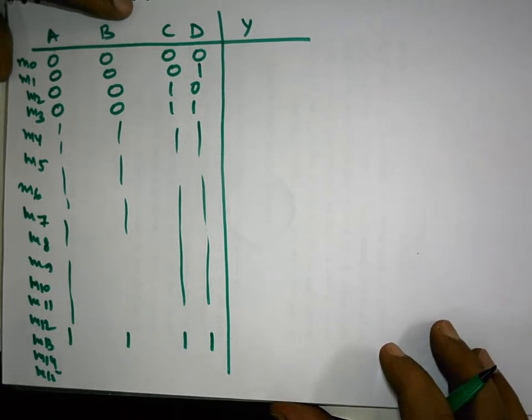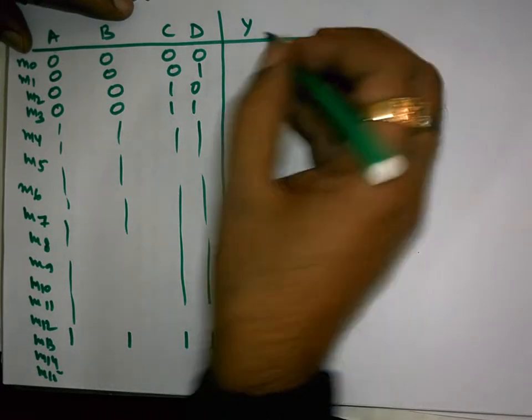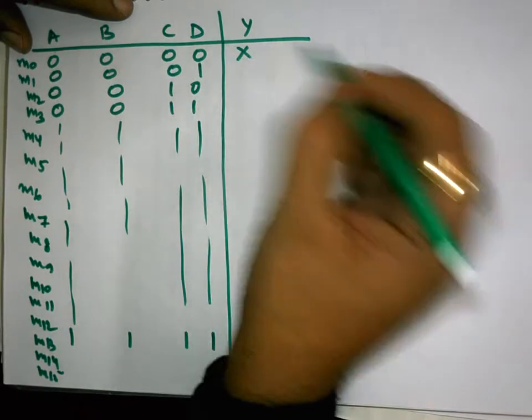Inputs are now identified in this way. For M0 the output is don't care.